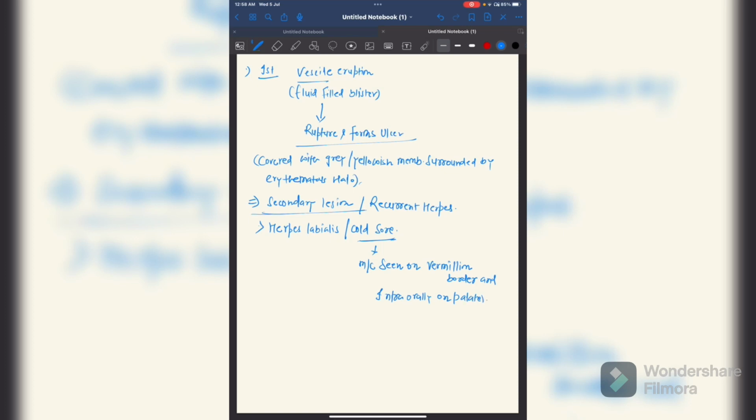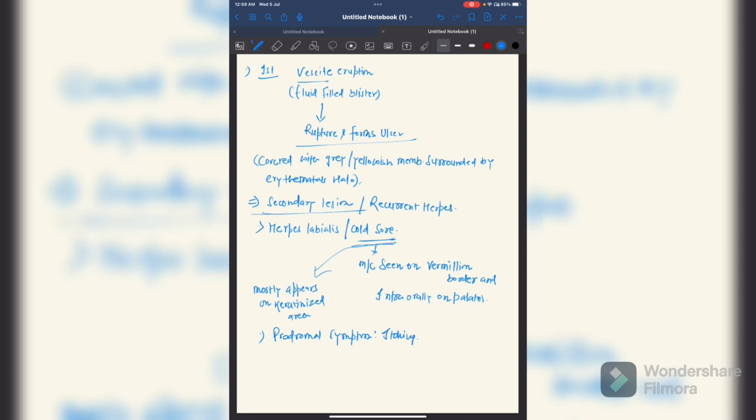And remember one very important thing, this cold sore mostly appears on keratinized mucosa or keratinized area. And here also you will have a prodromal symptom. In this scenario, the prodromal symptom is itching.